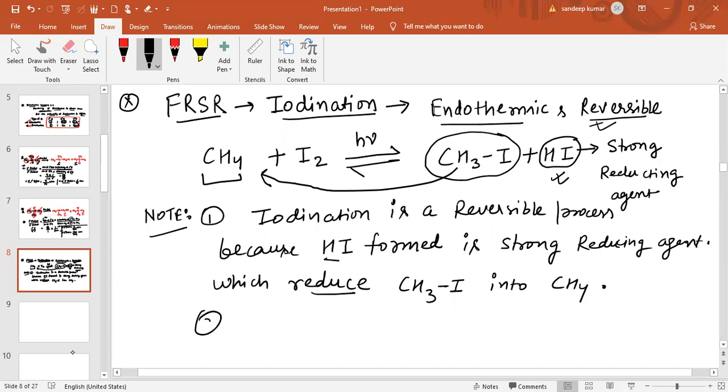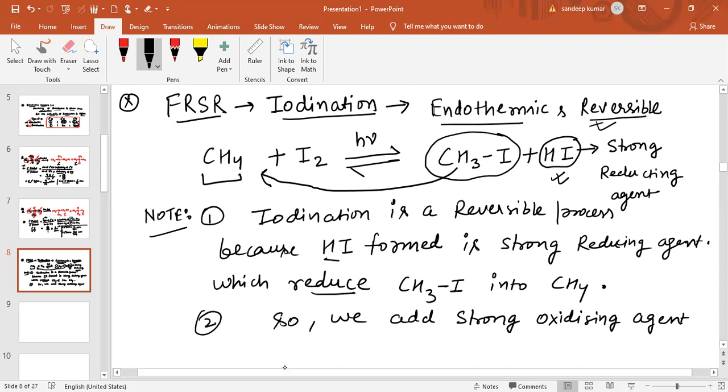So we add point number 2: we add a strong oxidizing agent like HIO3, iodic acid, and HNO3.